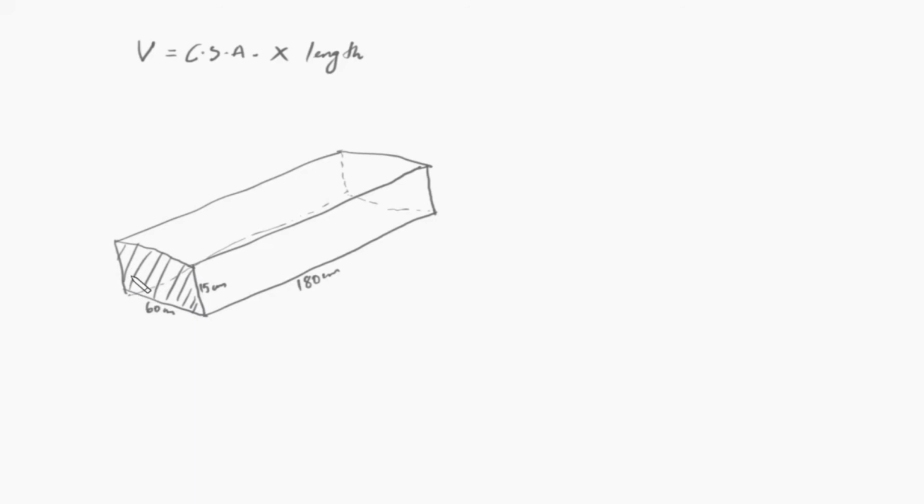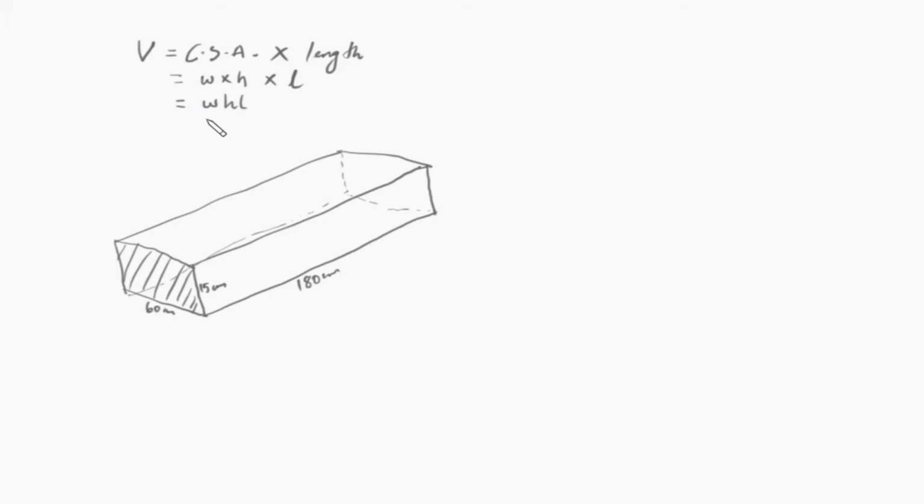If the cross-section is a rectangle, that means cross-sectional area is going to be the area of a rectangle, which is width by height, then multiplied by length. So the volume would be equal to WHL, where W is the width, H is the height, L stands for the length.